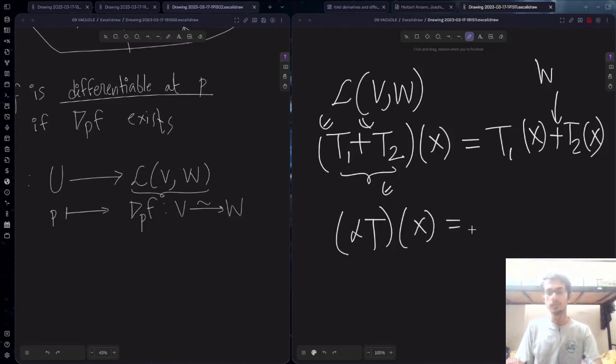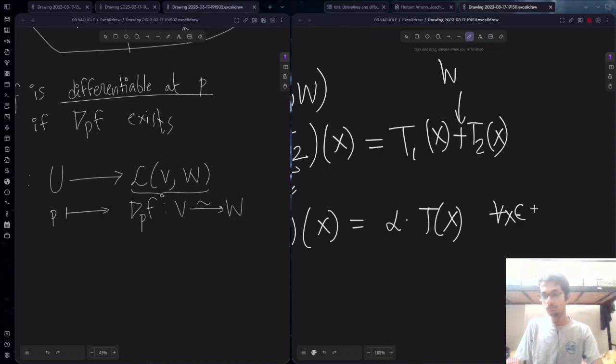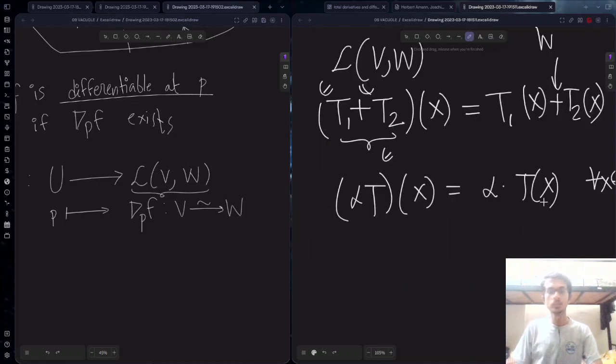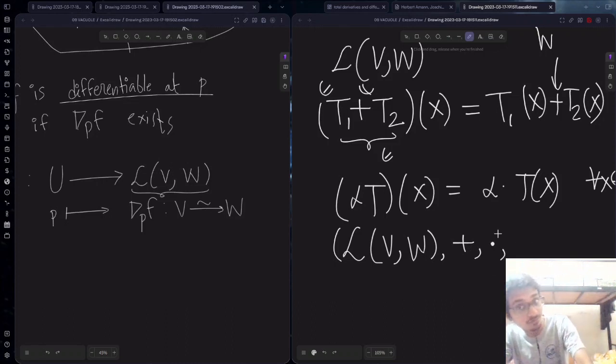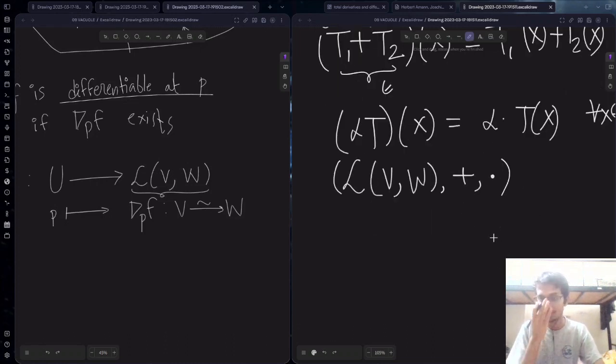This way of defining something is called pointwise, because I'm defining it pointwise for all x, where x has to be in V. So now this L of V to W becomes a vector space. This is true for any two vector spaces over the same field, but let's just say the field is always real.